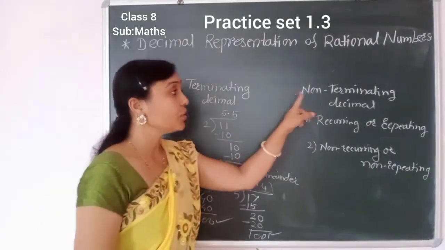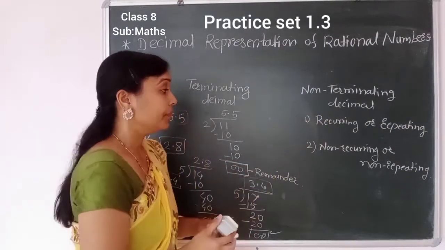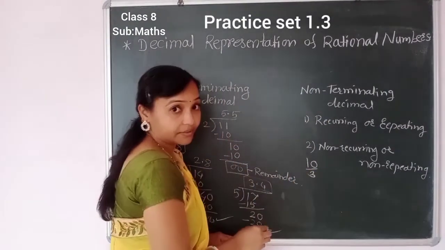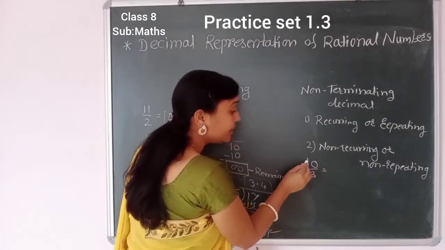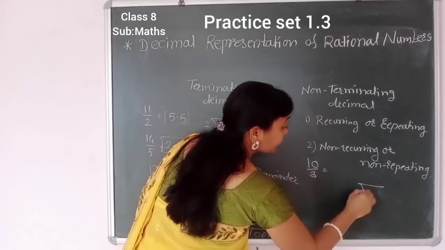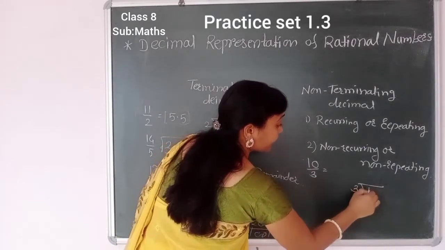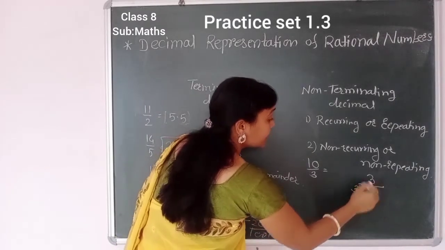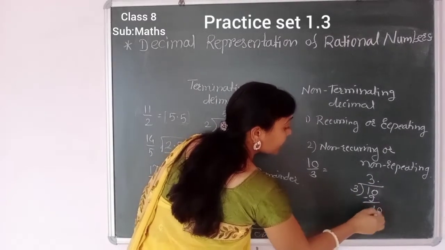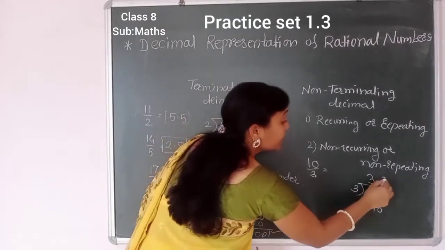Now we see the non-terminating decimal form. We take an example, 10 by 3. If we divide this numerator by the denominator, then 3 3s are 9. Remainder is 1, point. Again we get 10. 3 3s are 9.